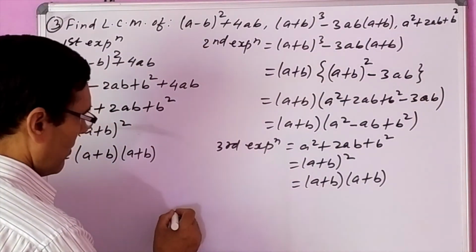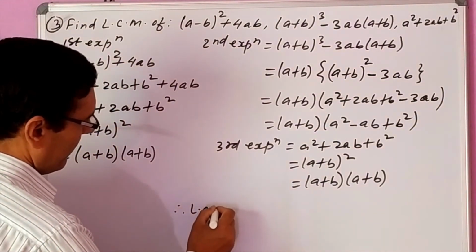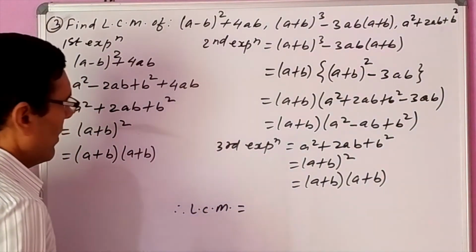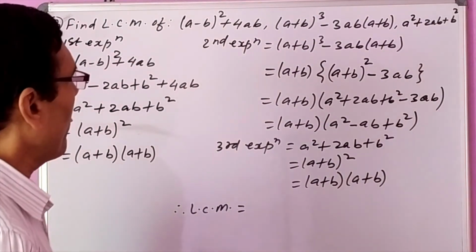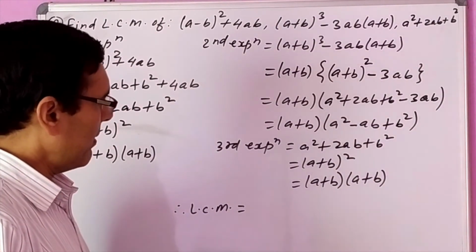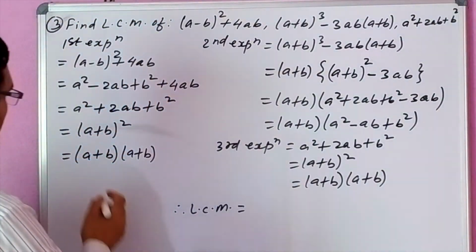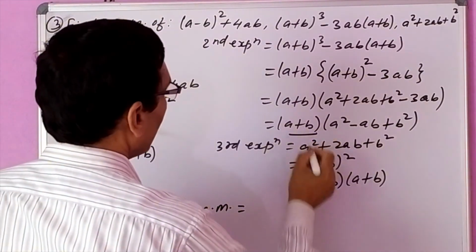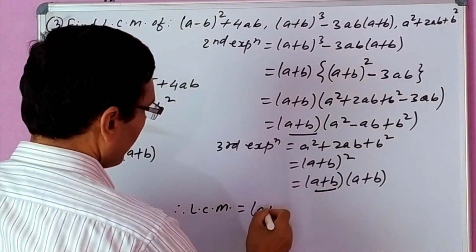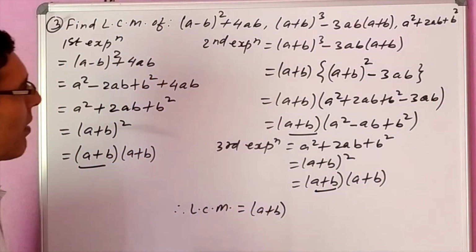Now we write the LCM. Now we find the common factors. If we have any factor common in all three expressions, we take it first. Here we can see A plus B is common in all three expressions.